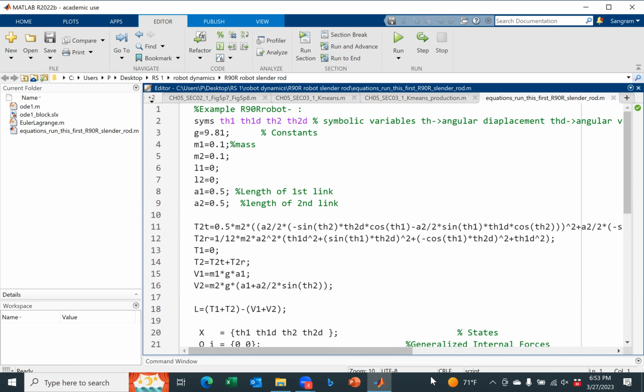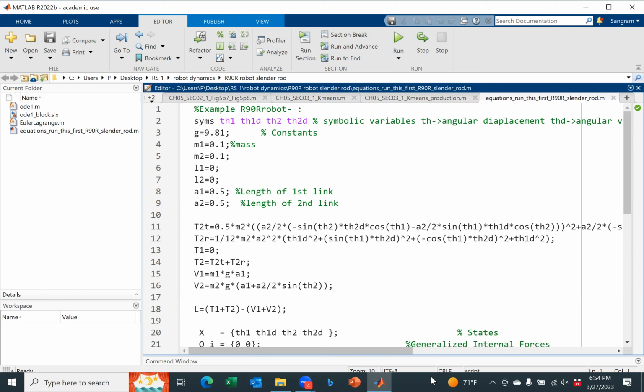And if you think about it, since it's a slender rod, we assume this dimension to be significantly small and we ignore the kinetic energy of rotation in this axis. Otherwise, it would be like Izz omega z square. You agree with me? Izz omega z square, and Izz will be about this. Right?